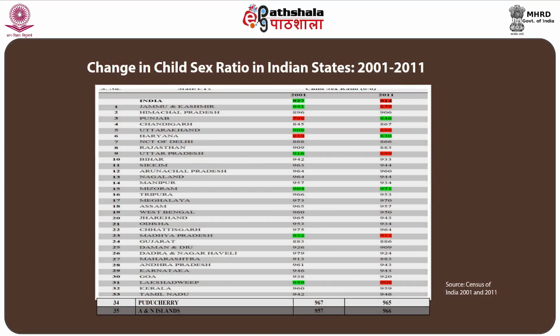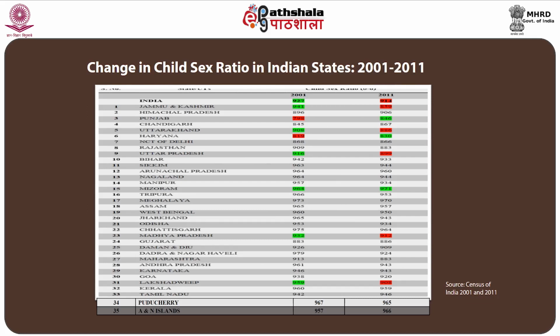As you have already noticed in the case of sex ratio at birth, the child sex ratio is also quite worse in certain parts of the country, particularly in the north like Haryana, Punjab, and to a major extent Bihar, as compared to the south of the country.